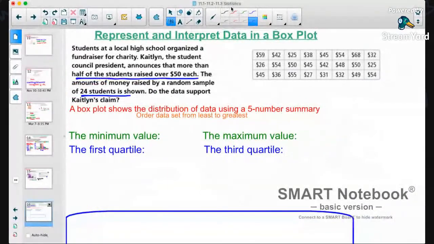Yes. So let's do it all together. First is, ladies and gentlemen, 25, and then 25 again, and 26, 26, 27, 31. We are ordering all this given data from least to greatest. 32.